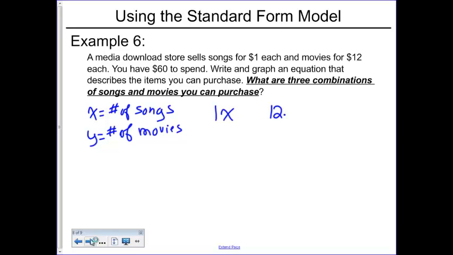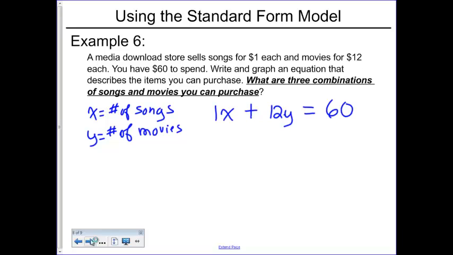That means times the number of movies that I can purchase, which is y. And I have $60 to spend. So the relationship between these is if I add the cost of songs to the cost of movies, I should equal my total cost, or the total amount that I can actually spend. So that would be our equation in standard form.